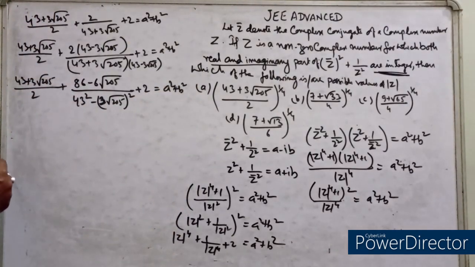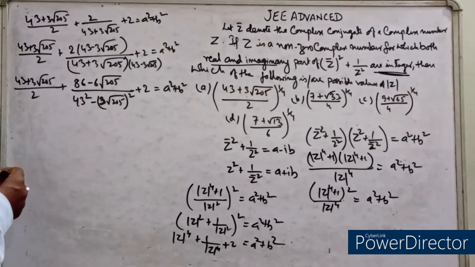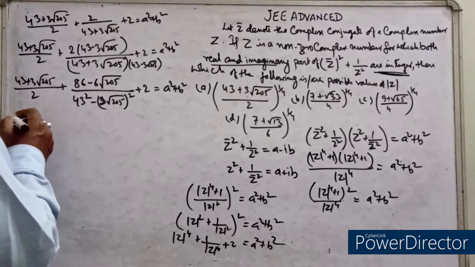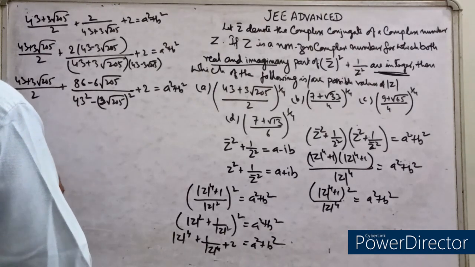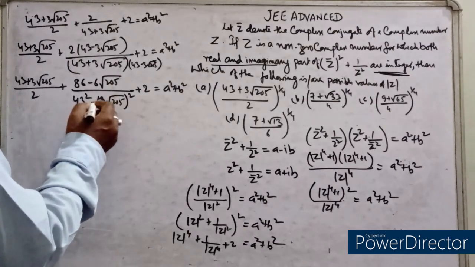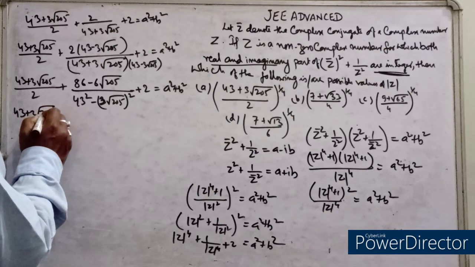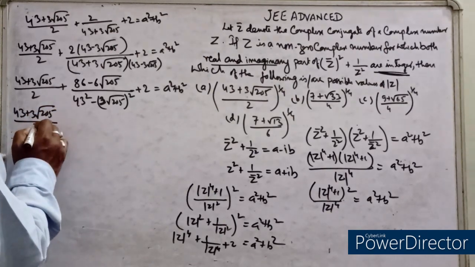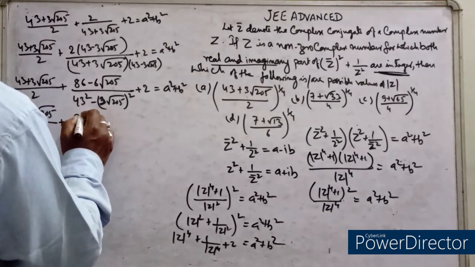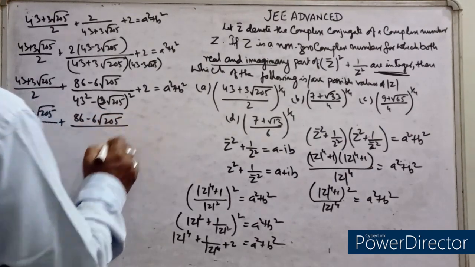So now again here, this will be (43 plus 3√205) by 2 plus (86 minus 6√205) and 43 square.